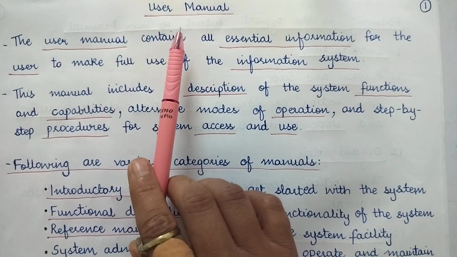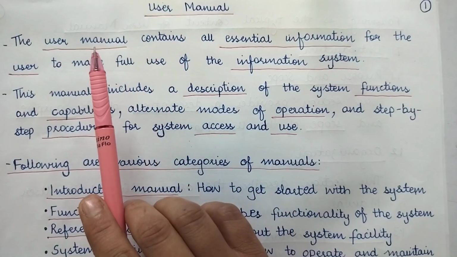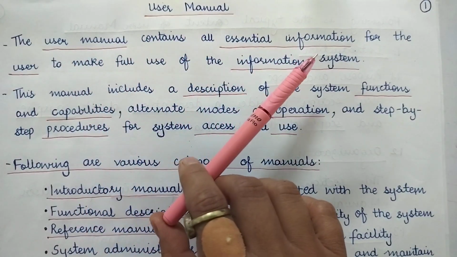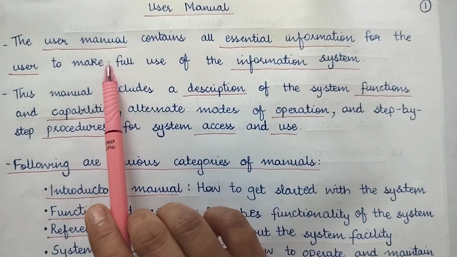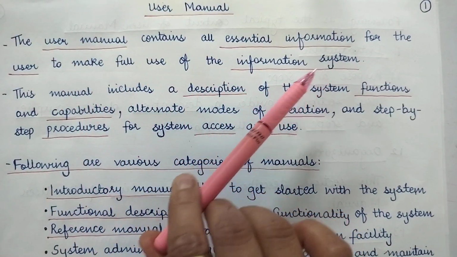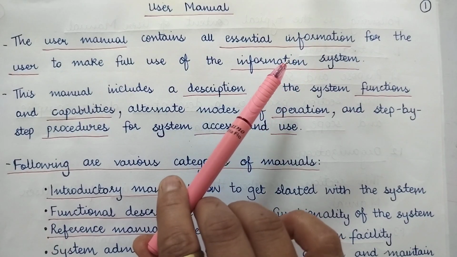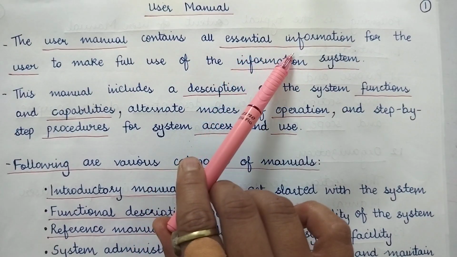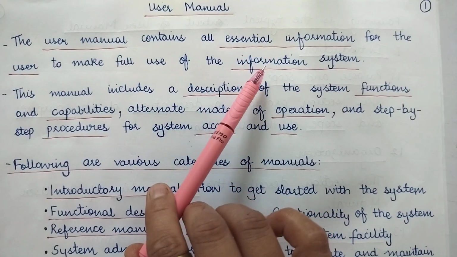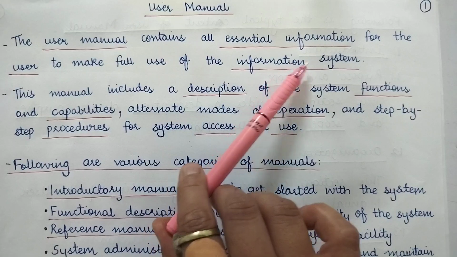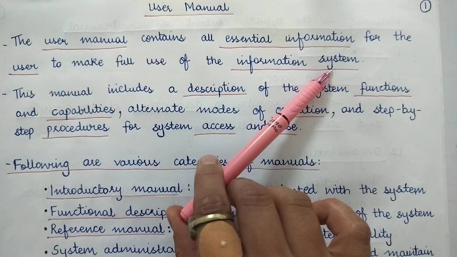So let's see what a user manual is in detail. The user manual contains all essential information for the user to make full use of the information system. So if you have read or seen a user manual, you know that it contains every possible essential information that would be required to make use of that specific product or information system in this particular case.